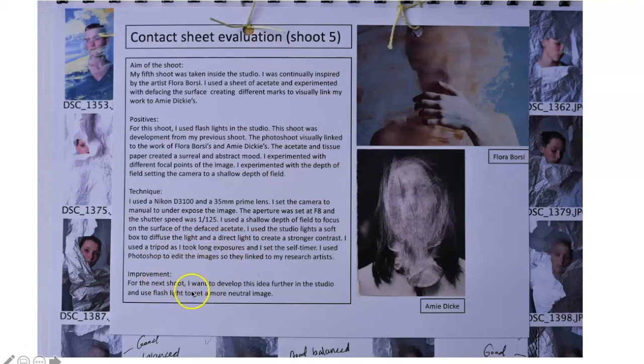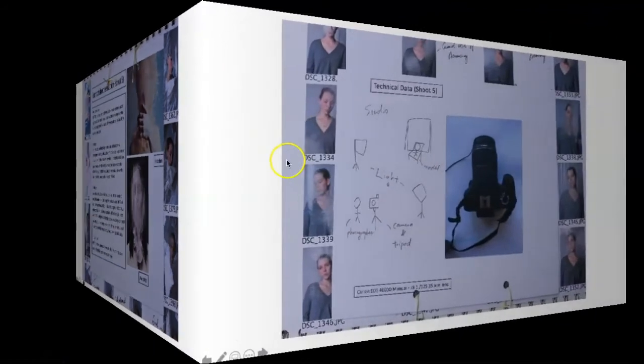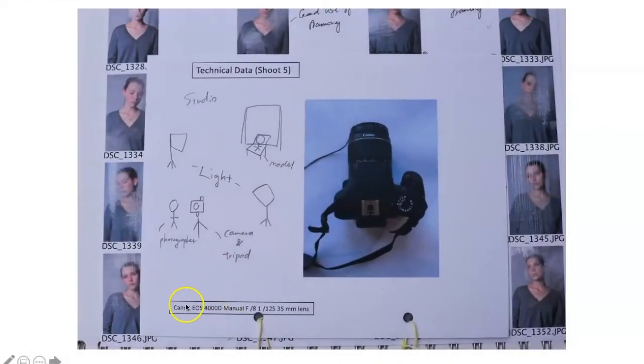And then she's mentioned what she wants to do for her next shoot. So it's very sort of clear, but it's very reflective. And then I would like you all to basically again reinforce the camera settings, and obviously you'll be using manual, so the aperture setting, the shutter speed, and a little photo of the camera.